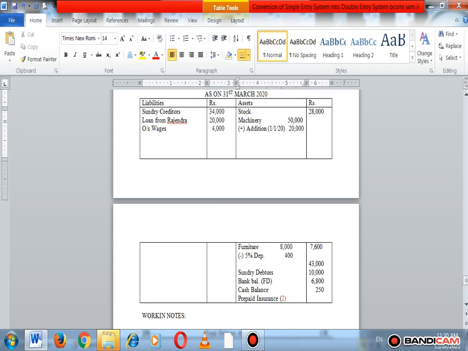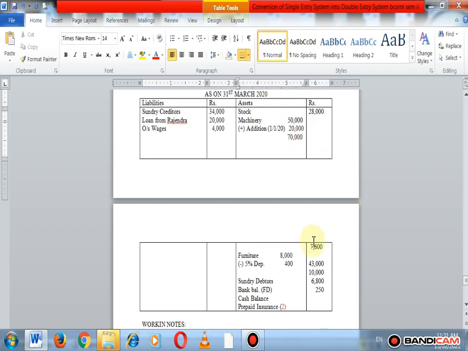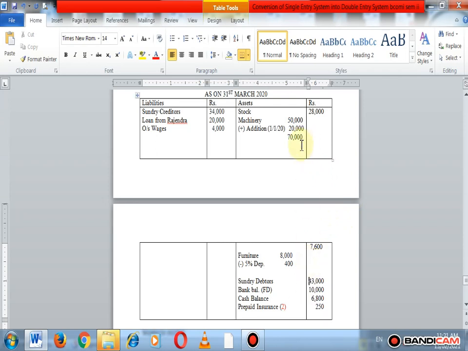70,000, okay, and then we deduct a depreciation, less depreciation amounted to rupees 5,500, and the amount of machinery at the end is 64,500.